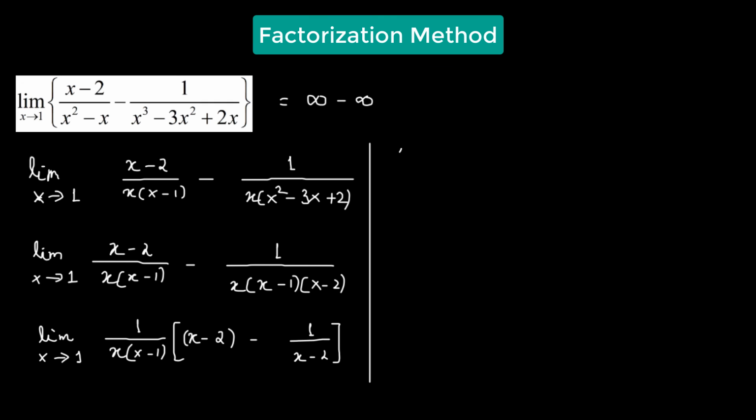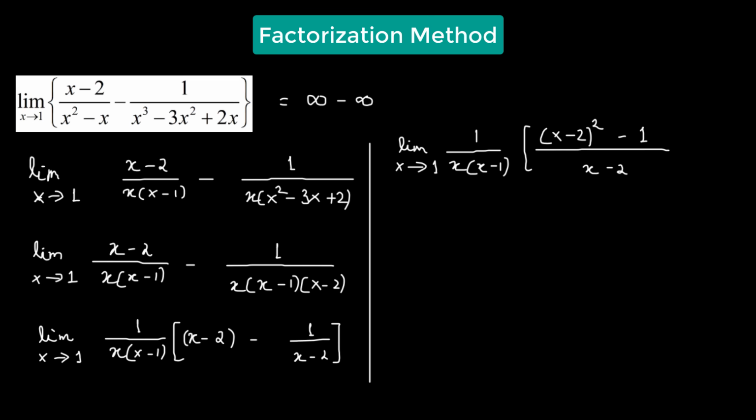So we'll have limit x approaching 1 over x times x minus 1. So we'll have a common denominator of x minus 2. So we have x minus 2 whole squared minus 1. Limit x approaches 1. We have 1 over x times x minus 1.